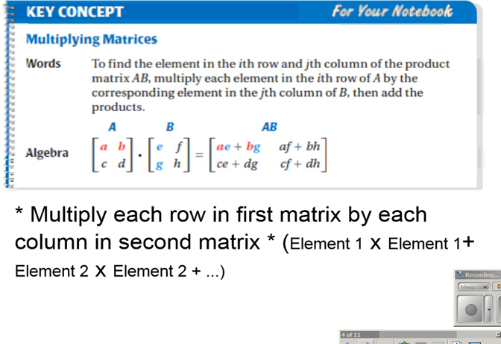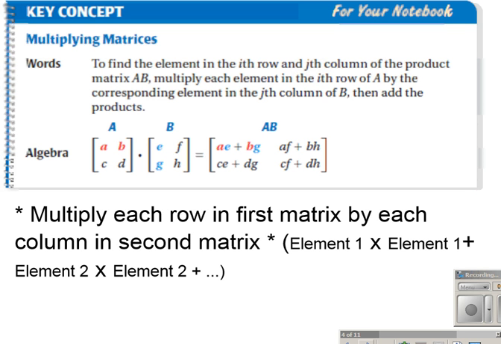So instead, we have to look at what the dimensions of our resulting matrix would be, and then, depending on the position of each element, that will tell us what rows and what columns we have to use to get the elements for that position.